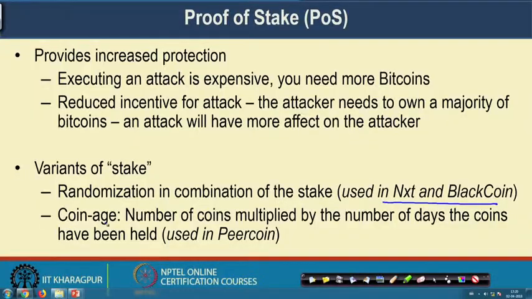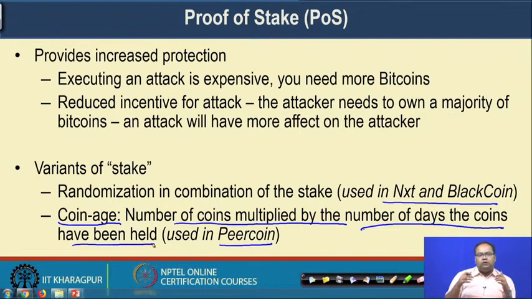Then there is another one which has been used in another cryptocurrency called Peercoin, the concept of coinage. So, the coinage is the number of coins multiplied by the number of days the coins have been held. So, to participate in a Peercoin system, apart from holding a sufficient amount of Bitcoin, you also have to ensure that you are holding those Bitcoin for a certain duration.